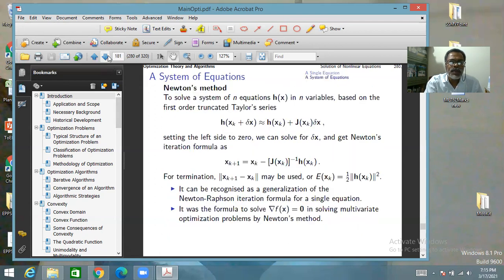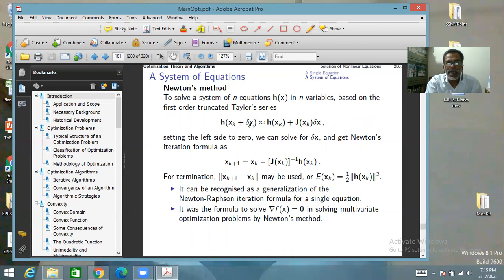Now we go to system of equations. And for that, the basic method is Newton's method, which is basically the generalization of the Newton-Raphson method to multi-dimensions. To solve a system of n equations in n variables, again, we use the first order truncated Taylor series like this, and xk we have in hand.